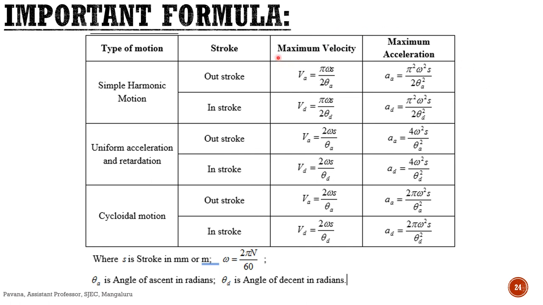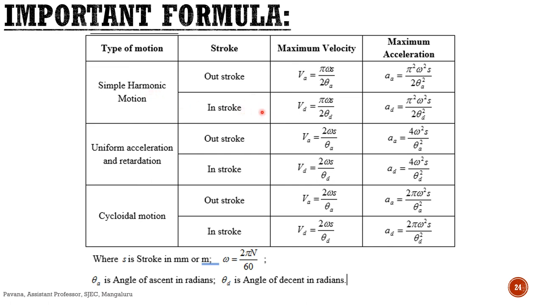If you want the maximum velocity at the outstroke, what do you mean by outstroke? Outstroke means the follower is moving outwards, we call that outstroke, and if the follower is moving inwards, we call that instroke. In other words, outstroke means the curve is going upwards, the rise, the follower is moving upwards. If the curve is coming downwards, the return or the fall, we call that instroke.